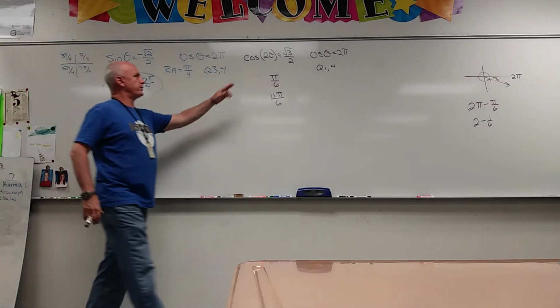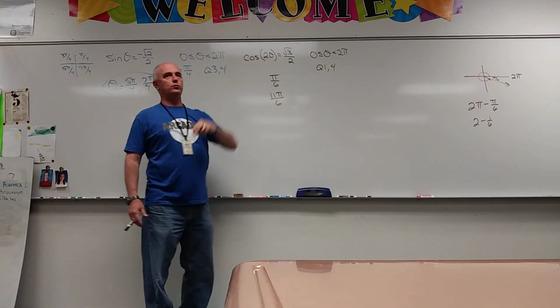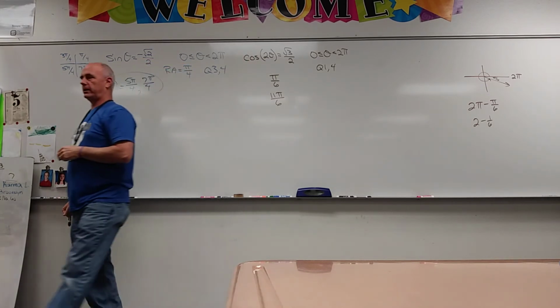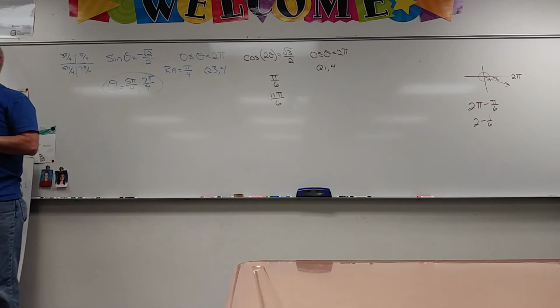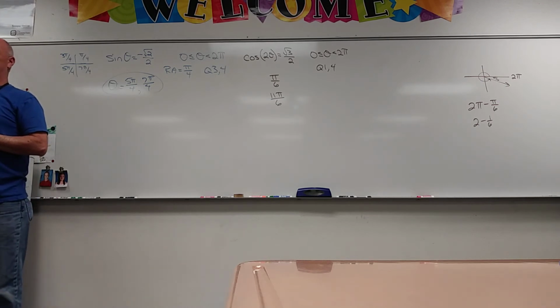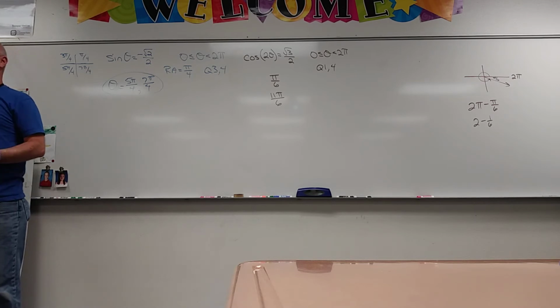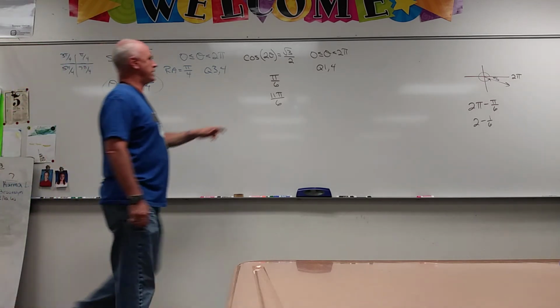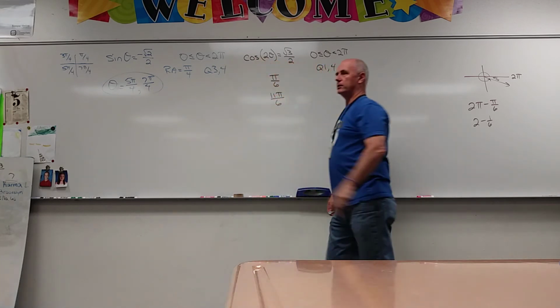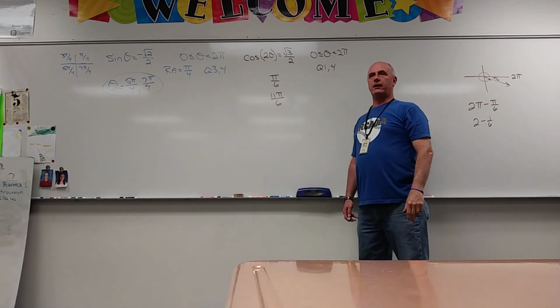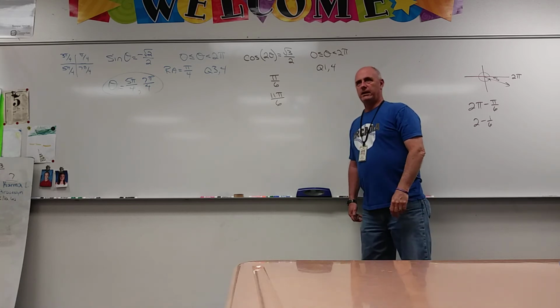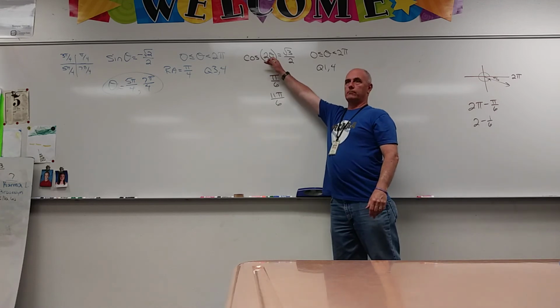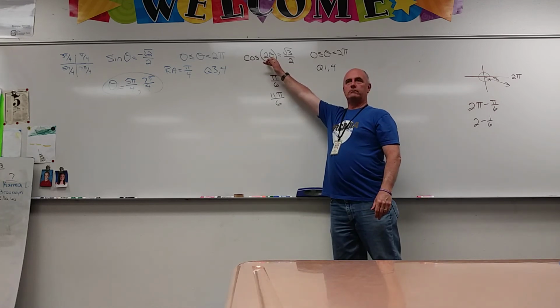We have to deal with the 2 in 2 different ways here. The first one I believe we talked about at some point, a long time ago. The first way that we deal with the 2 is that we're going to go around twice. If we have a 3 theta, we would go around 3 times.